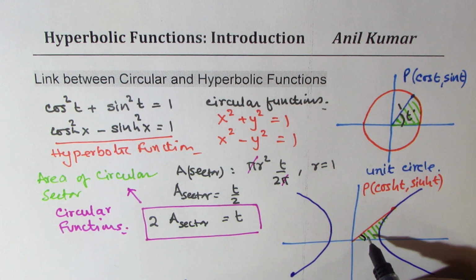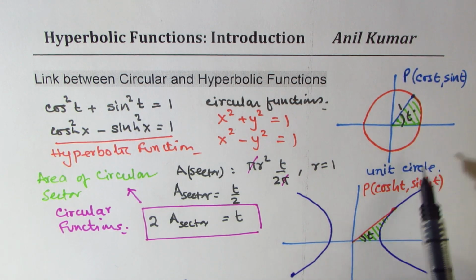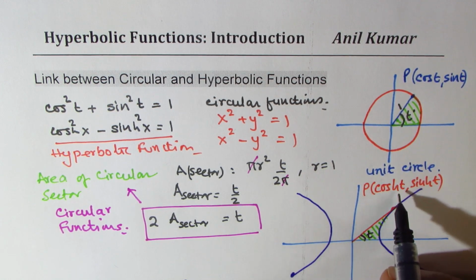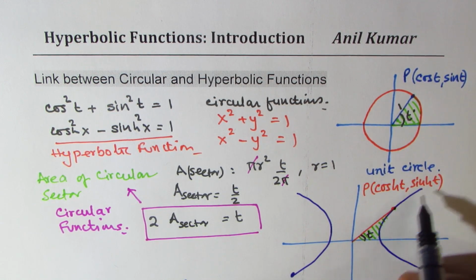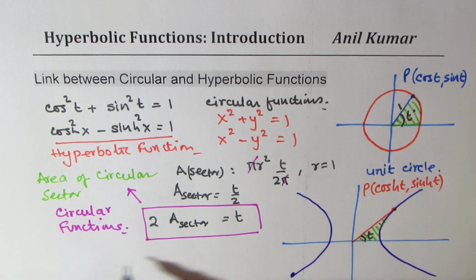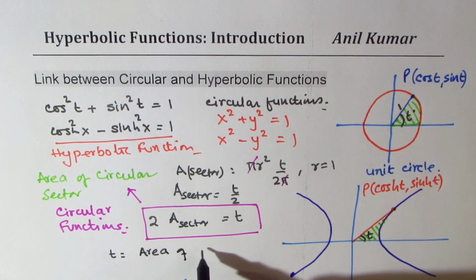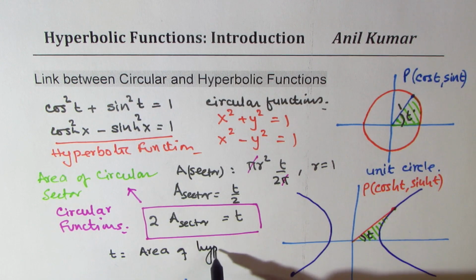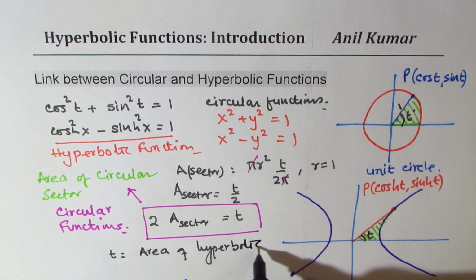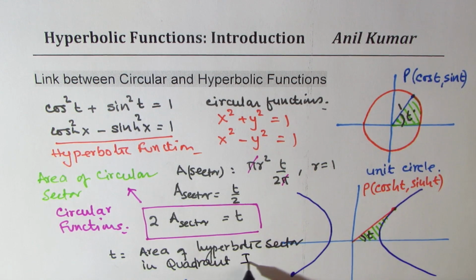Here also, if this is t, I mean, it's not really the angle, but the position cos hyperbolic t, sine hyperbolic t for any coordinate point here, in that case, the area of this sector, in this case, this t is also equal to the area of, we can call it the hyperbolic sector, in quadrant 1, times 2.